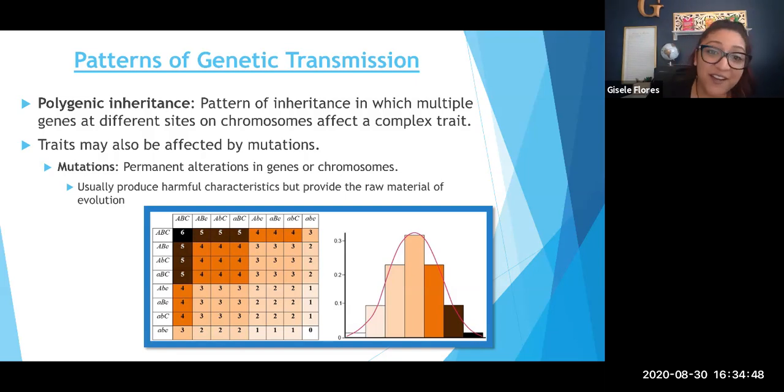I like to use skin color again as an example of polygenic inheritance because it really is determined by so many different genes, and it could be on chromosome number 3, chromosome number 7, chromosome 21, let's say, and all of those genes play a part in what the final skin color is going to be, how that skin color responds to sun, how that skin color burns, how that skin color either displays freckles or not. They all play a role in the phenotype of that characteristic.